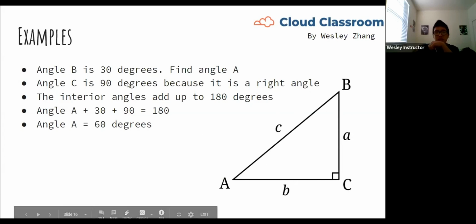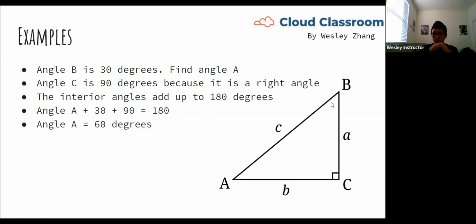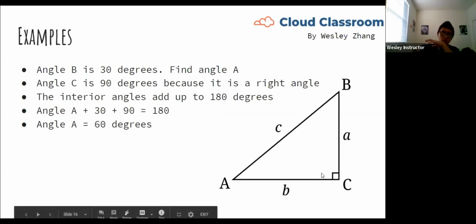All right, angle B is 30 degrees. Find angle A. We know from this little square symbol that this is a right angle. It is 90 degrees. So angle C is 90 degrees. And the interior angles all add up to 180 degrees. So angle B plus angle A plus angle C is 180 degrees, always.